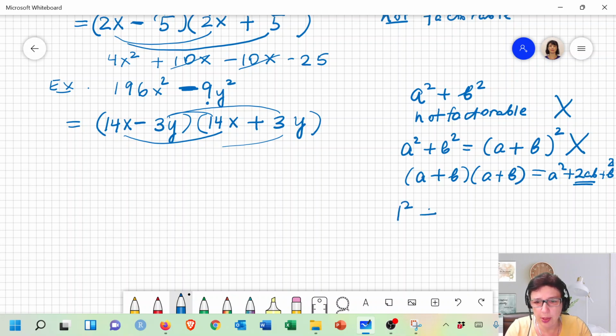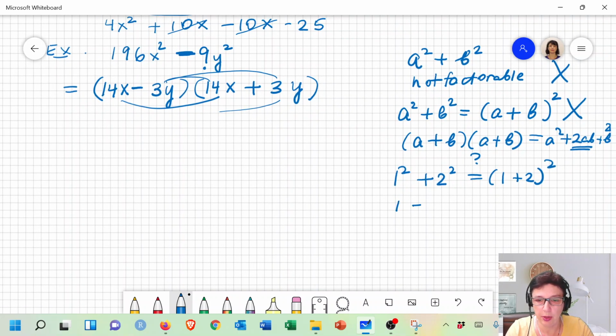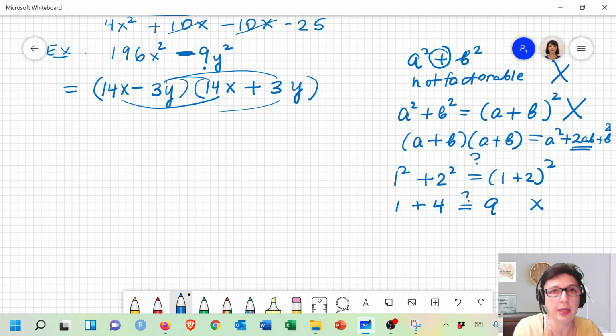Is 1 squared plus 2 squared equal to 1 plus 2, squared, the whole thing? Well, 1 squared is 1 plus 4, that's 5. Is that equal to 1 plus 2, which is 3 squared, 9? No, it doesn't. So whenever you have a plus, you cannot factor. But if you have a minus and there are two squares, then yes, you can use the formula, which is just a minus b, a plus b.